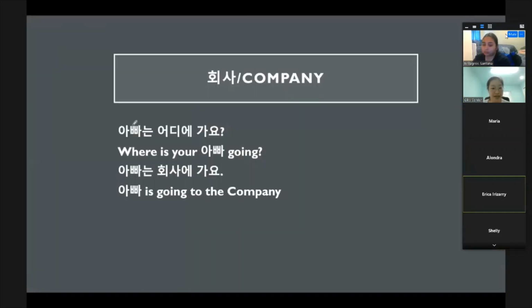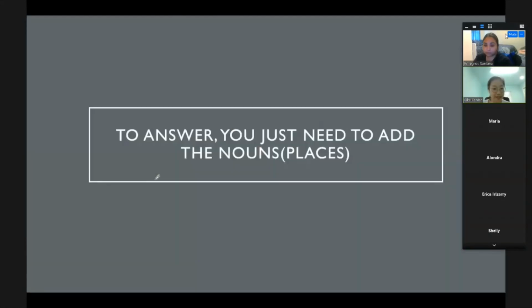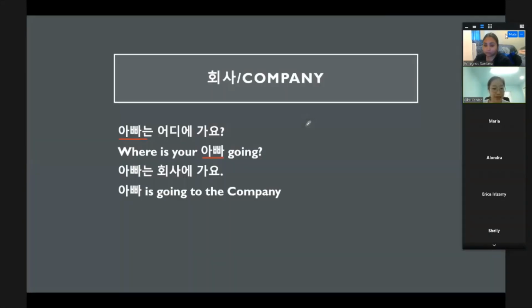Perfect. 회사. So we mentioned that when you add the topic particle and then the person, it's 아빠는 어디에 가요? And then when you answer, you can add a noun, like the places.